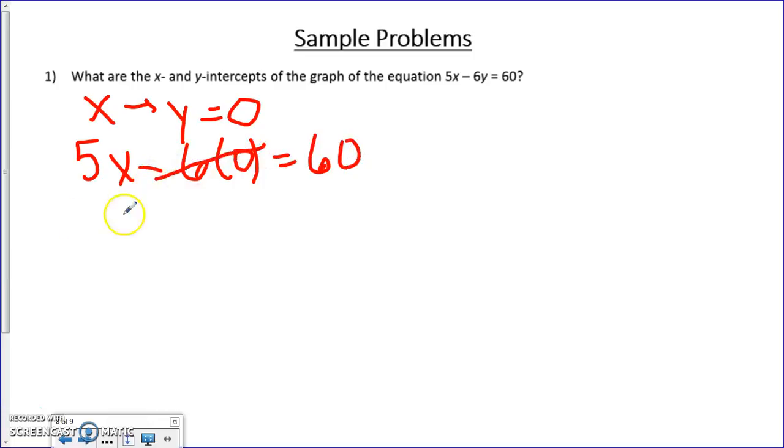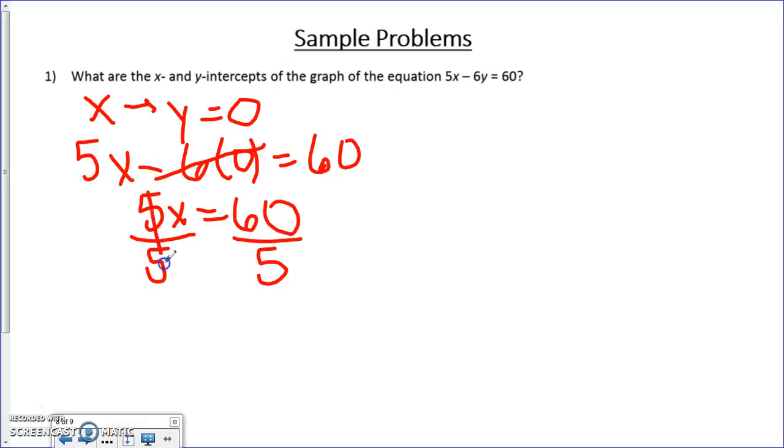This will cancel. 5x equals 60. Divide both sides by 5. X equals 12. As a coordinate, that would be 12, 0, because we said y was 0.